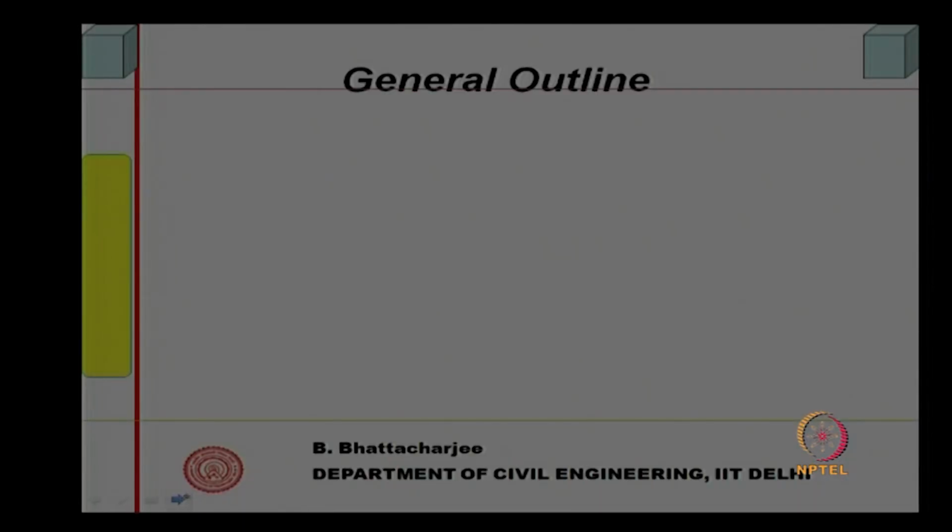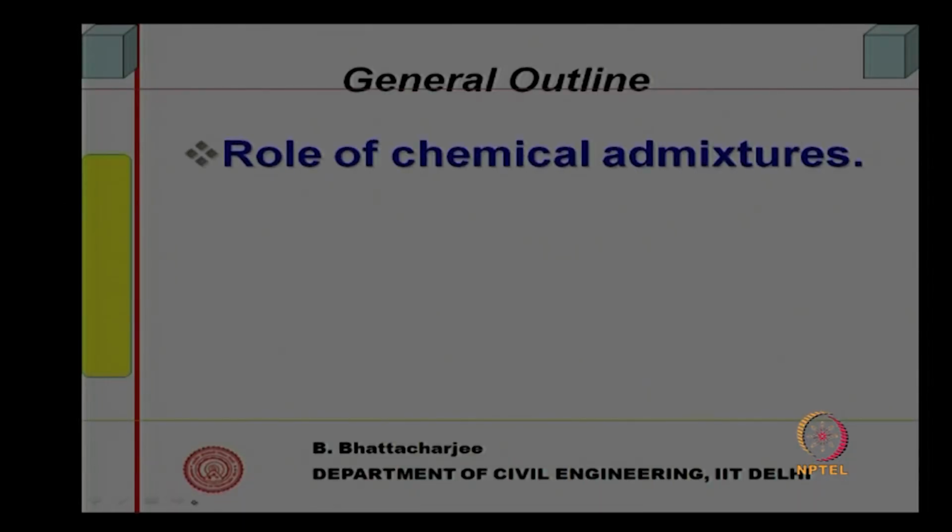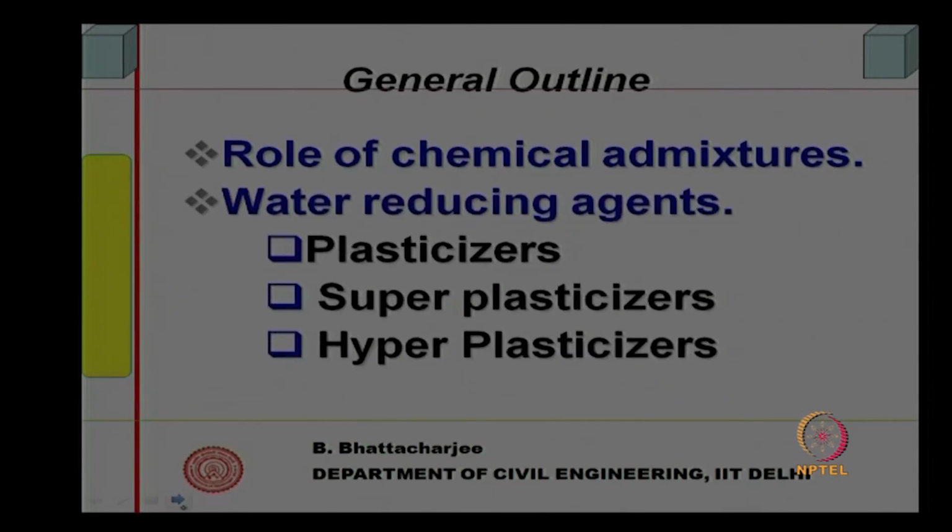Our discussions today will follow. First, we will look into the role of chemical admixtures, and largely we will be concentrating on water reducing agents today, which are called plasticizers, superplasticizers and hyperplasticizers. The nomenclatures of course vary.